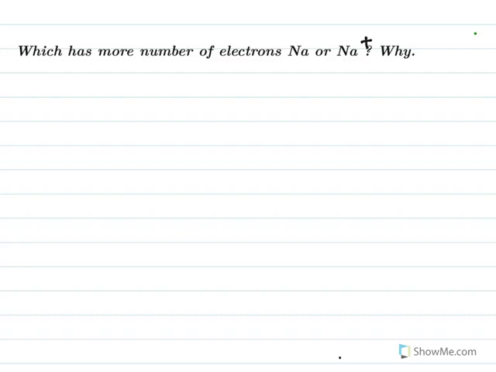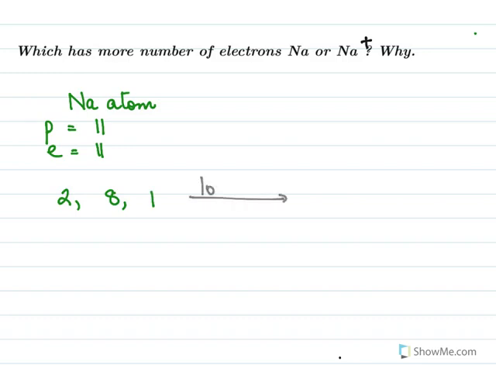Which has more electrons, sodium atom or sodium ion? So, let us examine the sodium atom. The number of protons is 11, because the atomic number is 11. Electrons are also 11. And the configuration we know is 2, 8, 1, unstable. So what does it do?